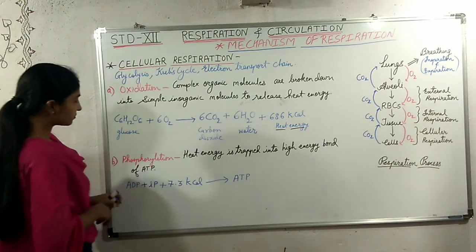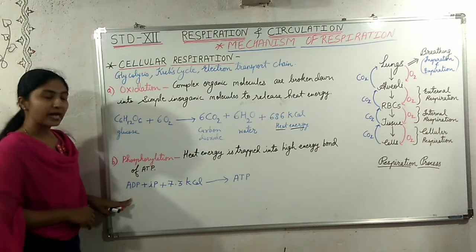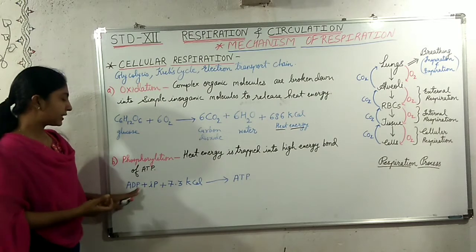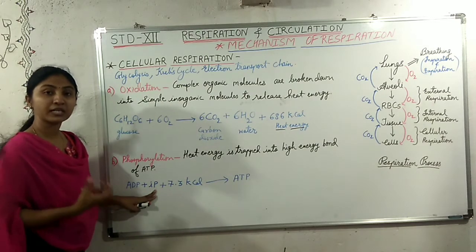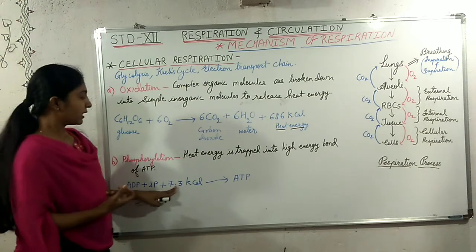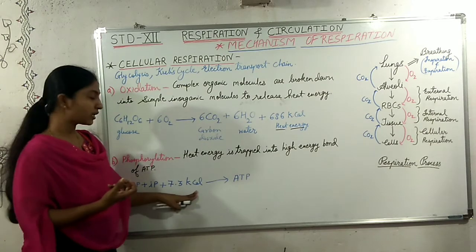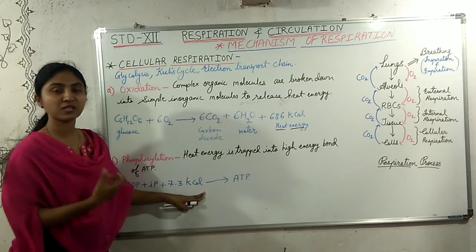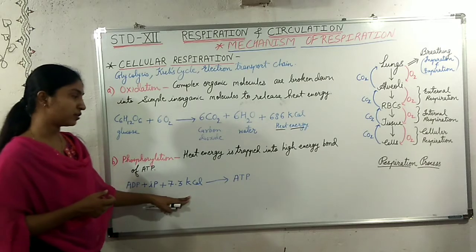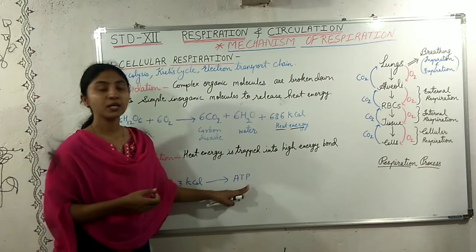This ADP, adenosine diphosphate, combines with one more phosphate, that is inorganic phosphate, with the help of 7.3 kilocalories of energy to give an ATP molecule.